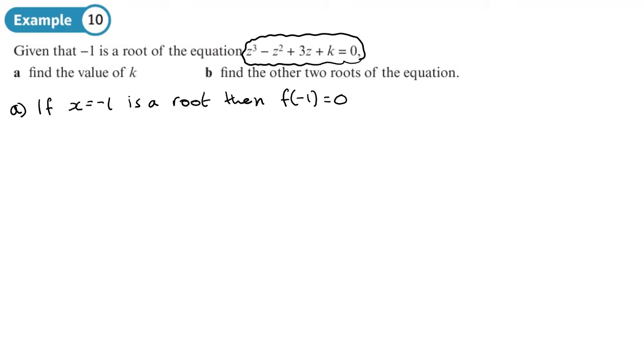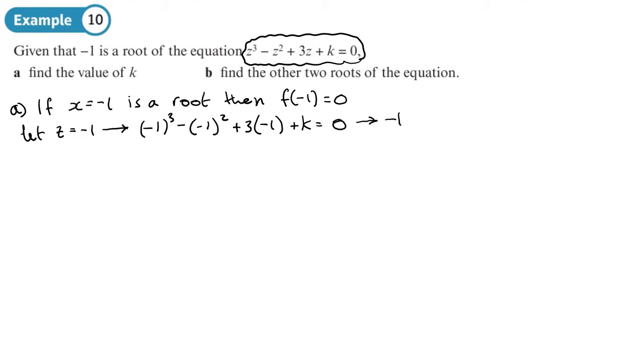So just say let z equal -1. So I'll get -1 cubed minus -1 squared plus 3 times -1 plus k equals 0. So I should be able to find the value of k. From there, -1 cubed is -1.